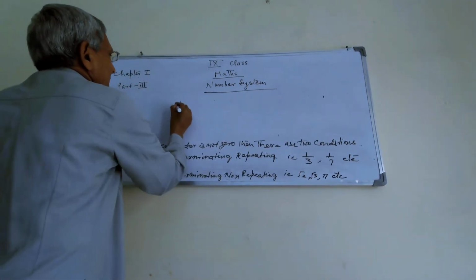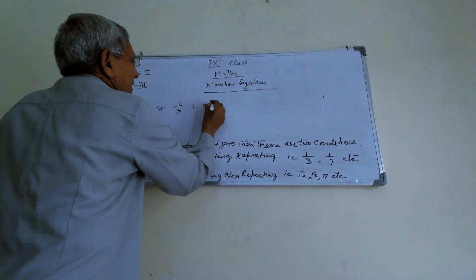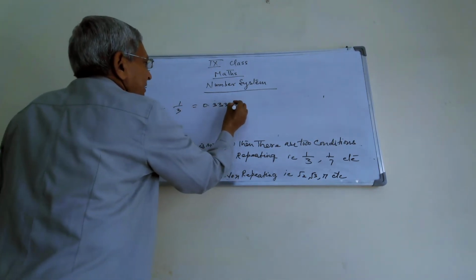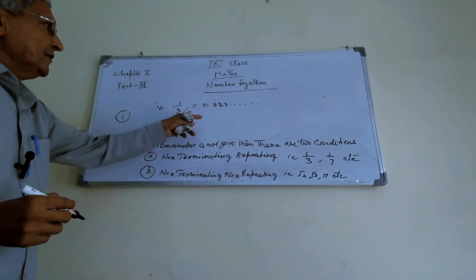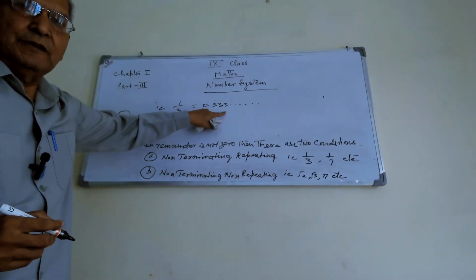For example, 1 by 3, 0.333 and so on. This is a non-terminating and repeating decimal.